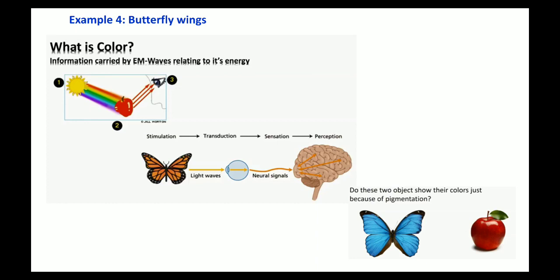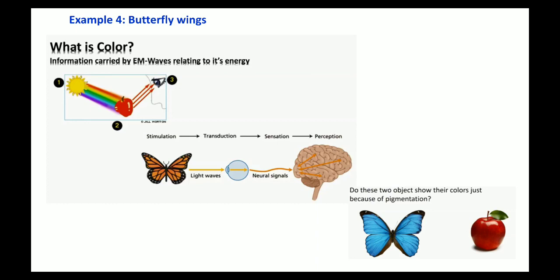How? We will see that in detail, but the real question is, do these two objects show their colors just because of pigmentation? You can see the two objects. One is a butterfly wing, a very beautiful blue color with a black shade, and on the right-hand side there is a very nice red apple. Generally, color appears because of pigment.